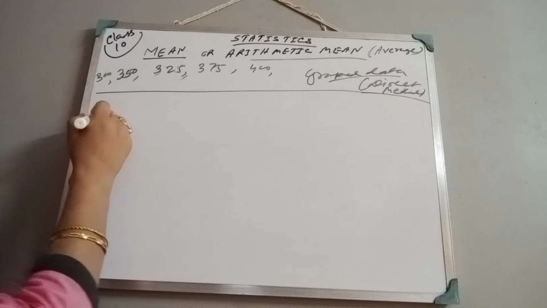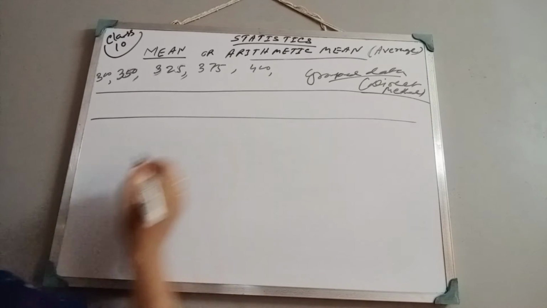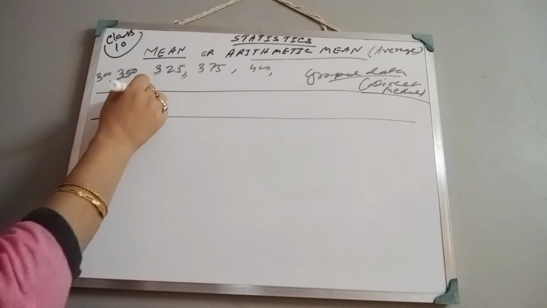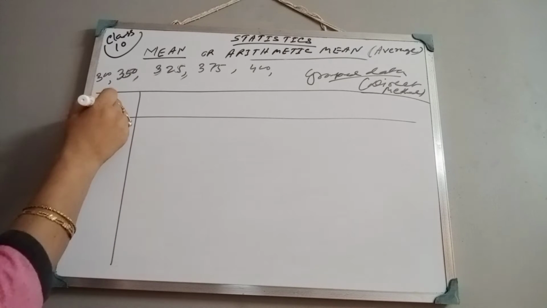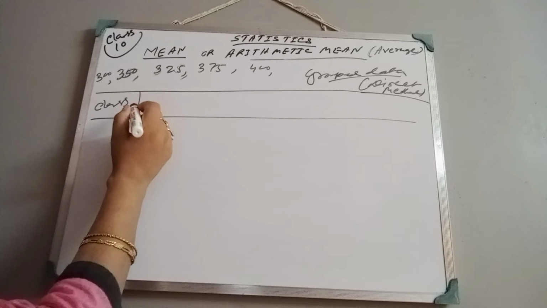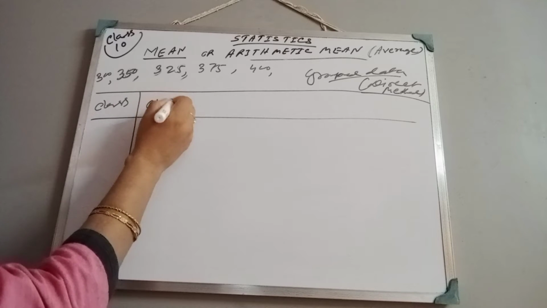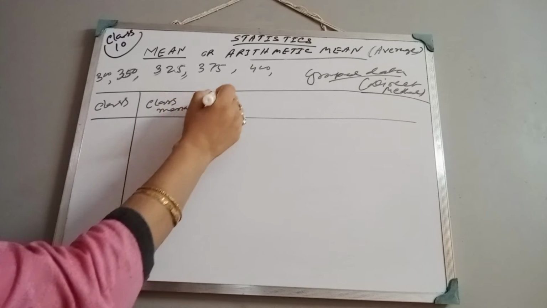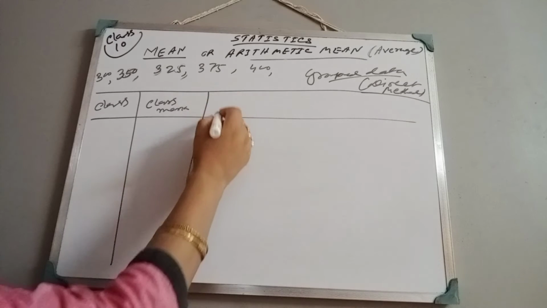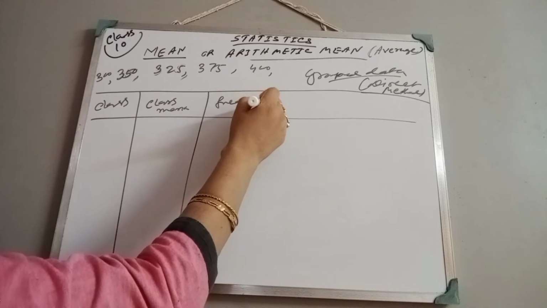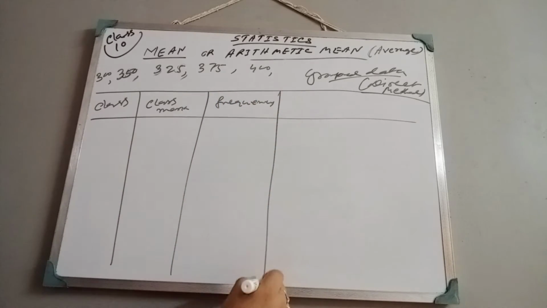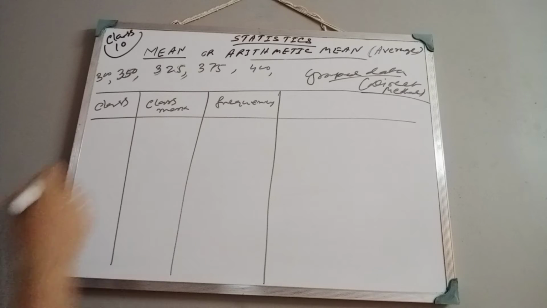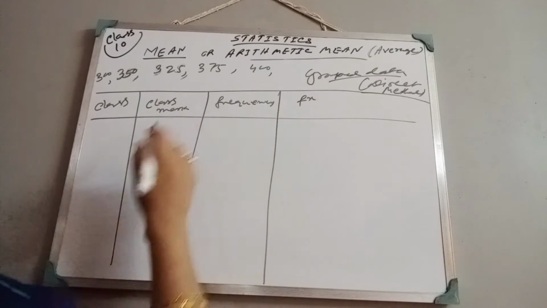At first, how many columns will we write? At first write class. Next is class mark, then frequency, then fx.